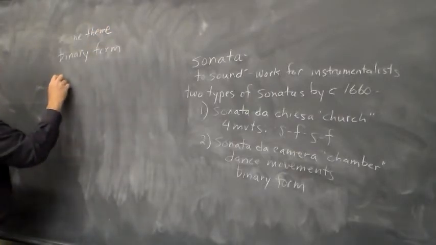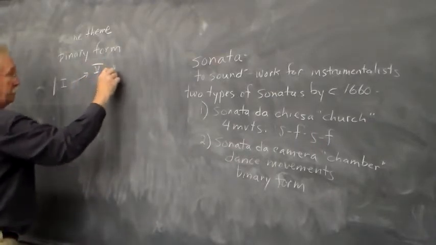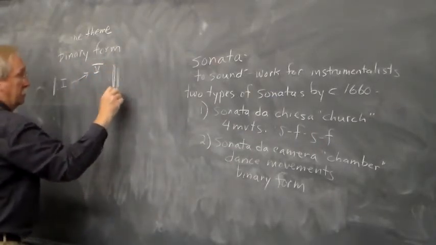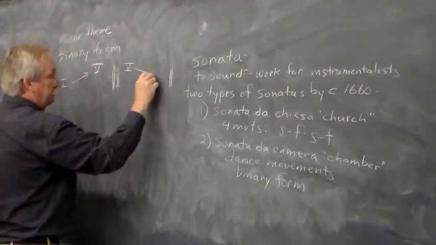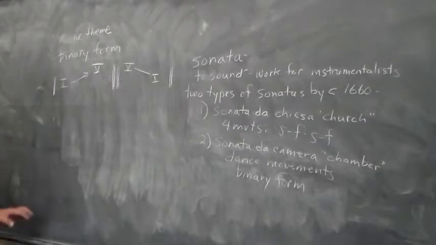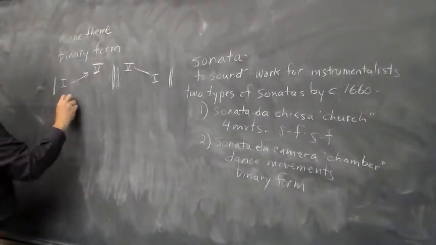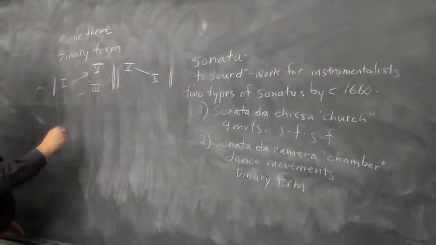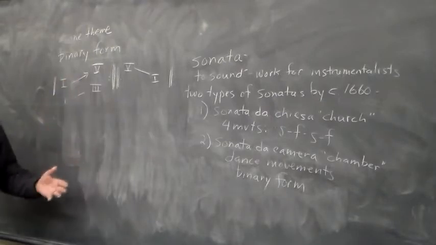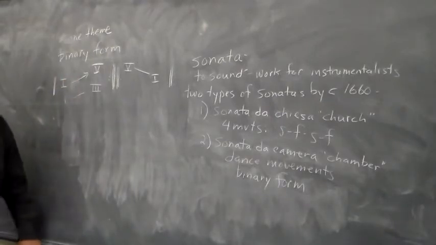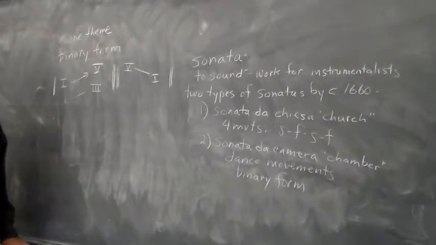And binary form would just be organized by this basic chord progression. So if it's a major, it would go to the basic keys of tonic and dominant. If it's a movement in minor, it typically would go to relative major. Those are the same key relationships that we've seen in all the forms that we've looked at, except maybe with the scherzo trio.